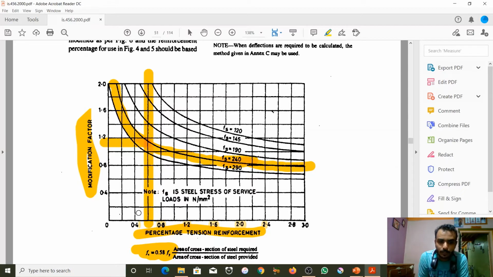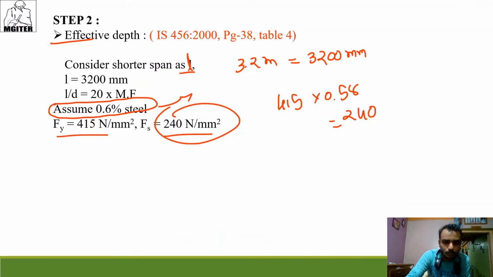Our value is between 0.8 and 1.2, but there is a middle line also. So here is 1, so our value is 1 or 1.2. I can assume 1.1, something else, 1.12, 1.15. I assume MF 1.15.